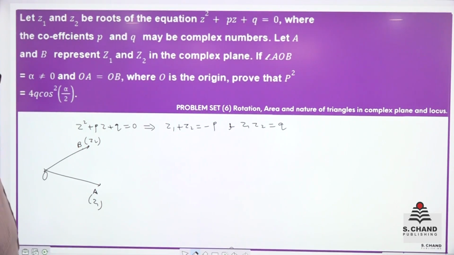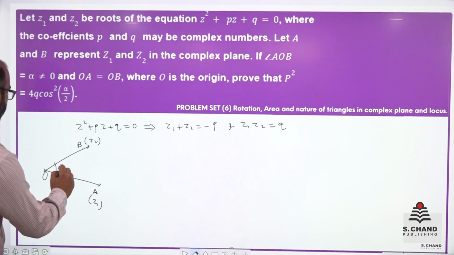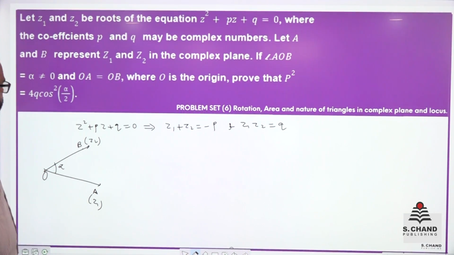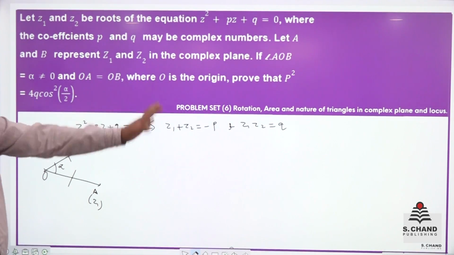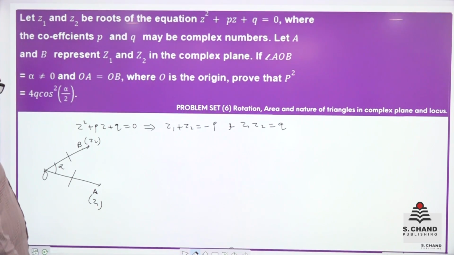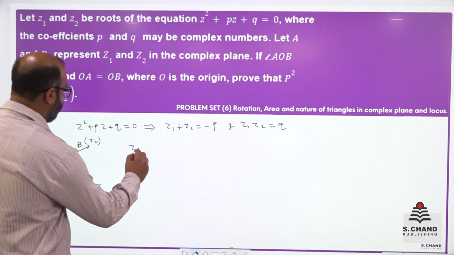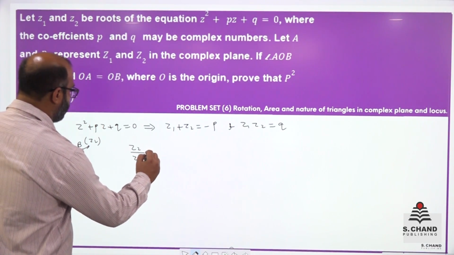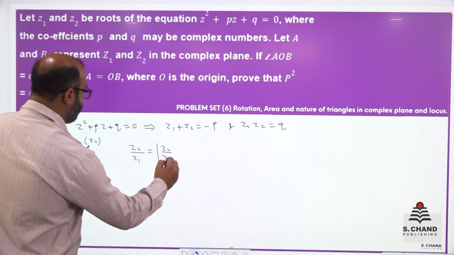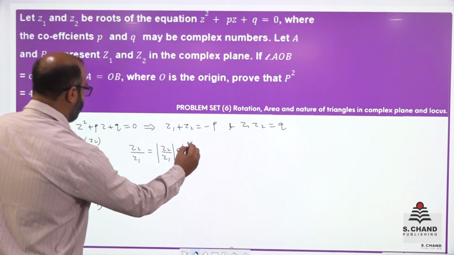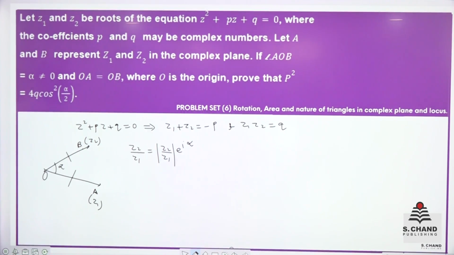This is the origin. If angle AOB is equal to alpha, this angle is alpha, and OA is equal to OB, this length and this length is same, where O is the origin, you have to prove this equation. So by Coni's rule, z2 by z1 is equal to mod of z2 by z1 e to the power i alpha, right?